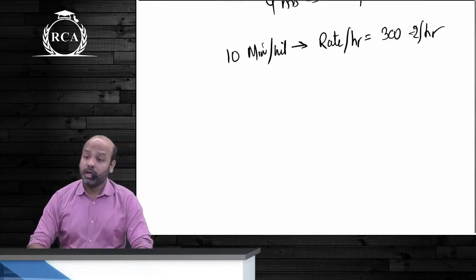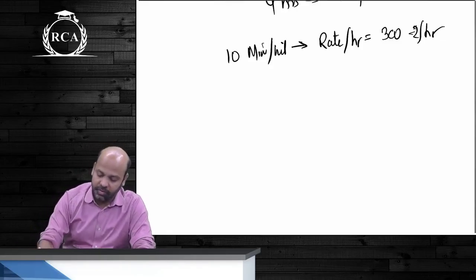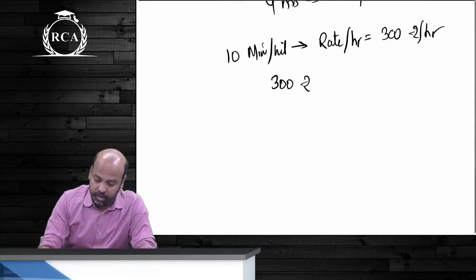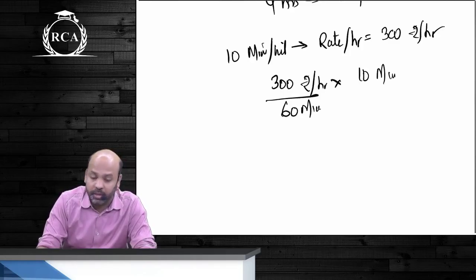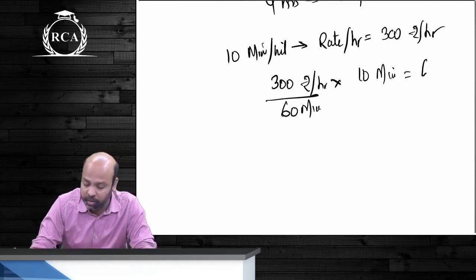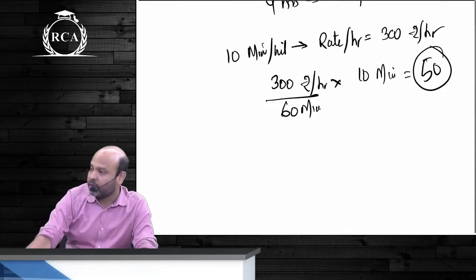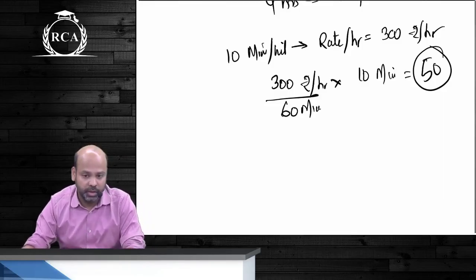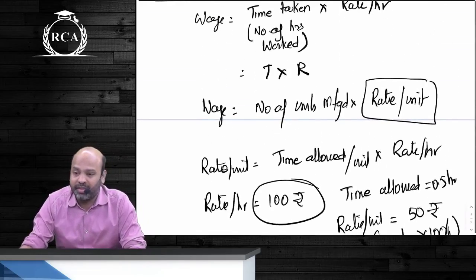Huh? 50 rupees. How 50 rupees? 300 is for 60 minutes. How much will be the proportionate amount for 10 minutes? The amount will become 50 rupees. This will become your rate per unit. Are we clear? Yes or no, guys?